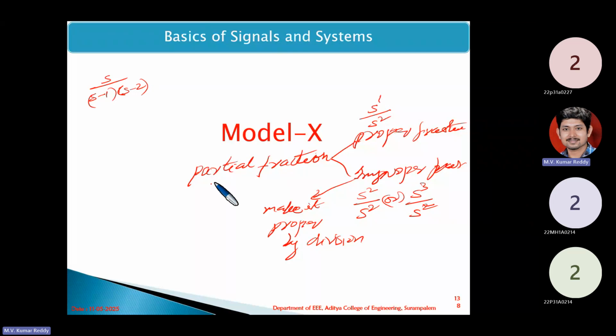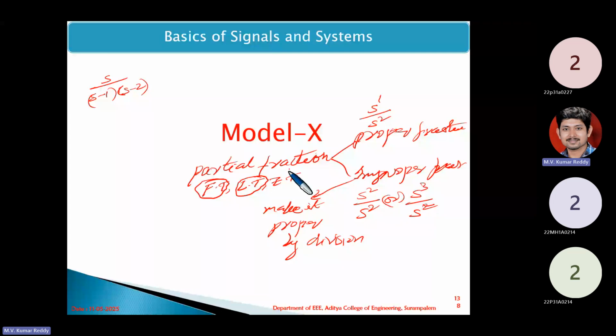Because partial fractions will be applied in Laplace transformation, Fourier transformation, and Z transformation. Most probably we apply them for Laplace transformation and Fourier transformation. From the exam point of view, maximum problems regarding partial fractions are given in Fourier transform and Laplace transform.